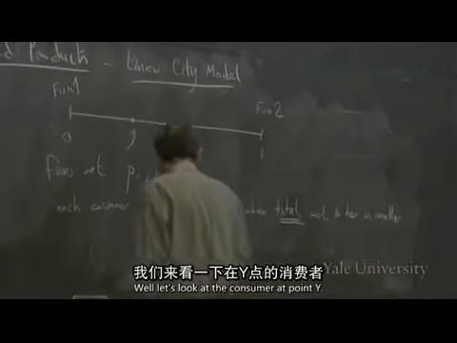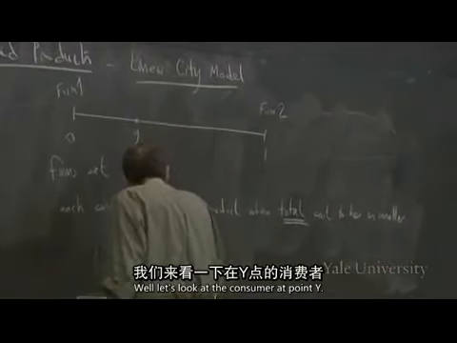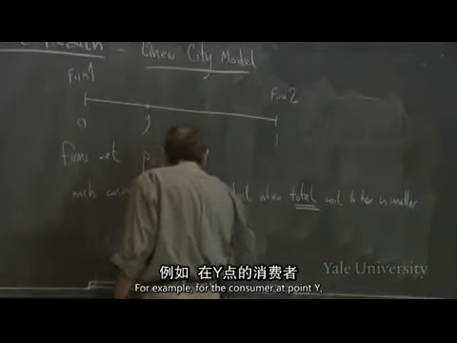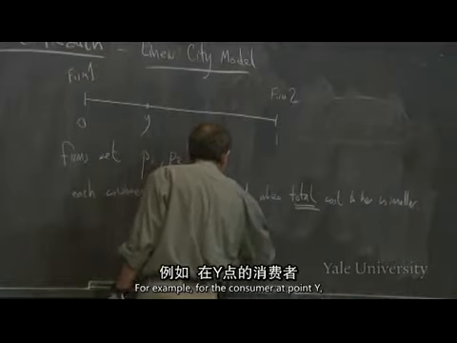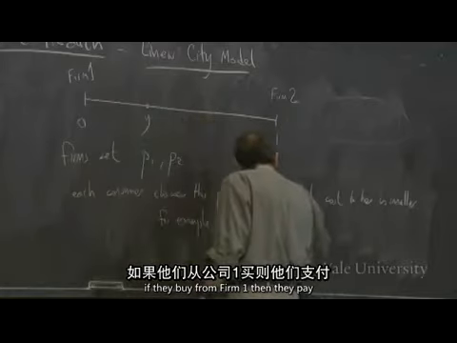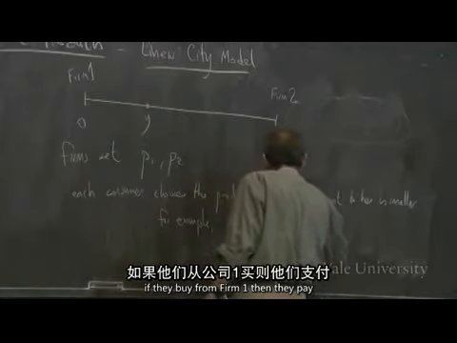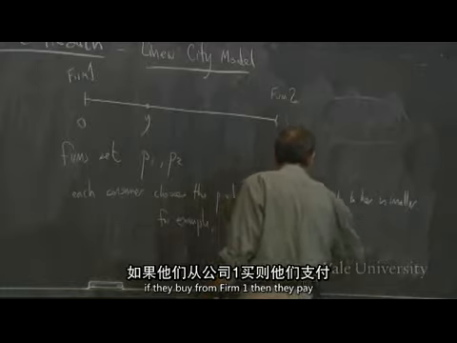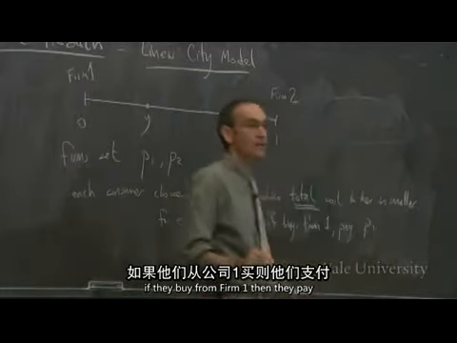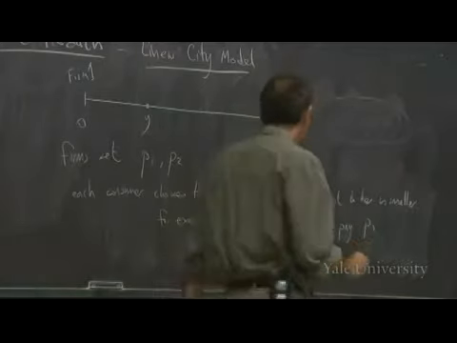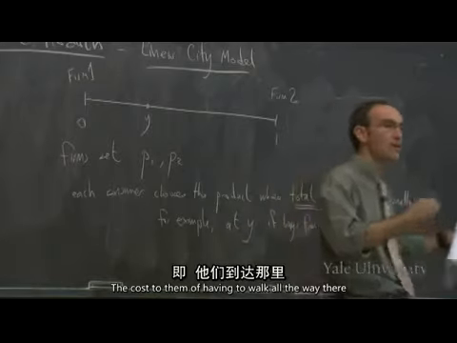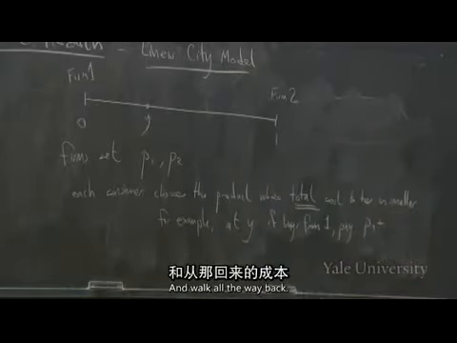And what do we mean by total cost? Well, let's just look at the consumer at point y. If they buy from firm 1, then they pay the price P1, which is set by firm 1, but they also have to pay a transport cost, the cost to them of having to walk all the way there and walk all the way back.